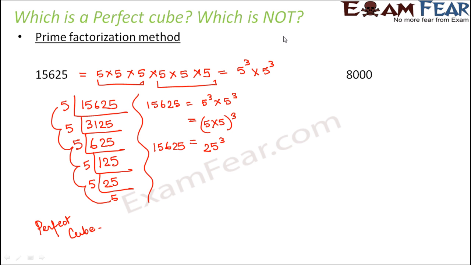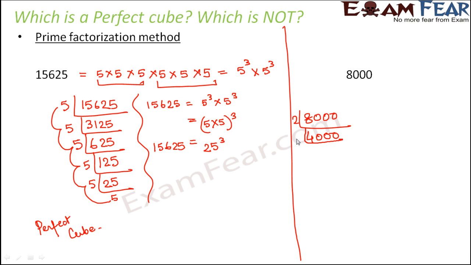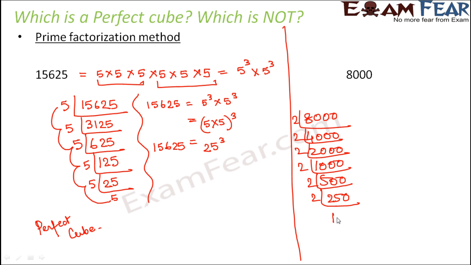Let's look at the next number, 8000. Let's prime factorize the number 8000. The smallest prime number that divides it completely is 2. So 2 fours are 8, 2 twos are 4, 2 ones are 2.